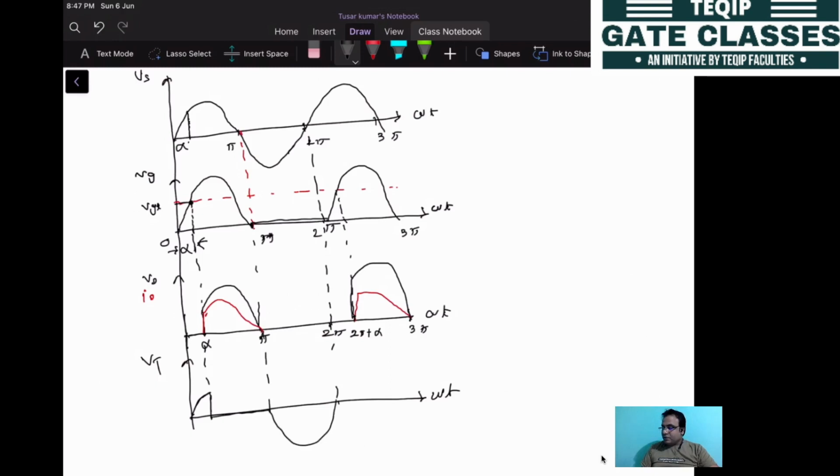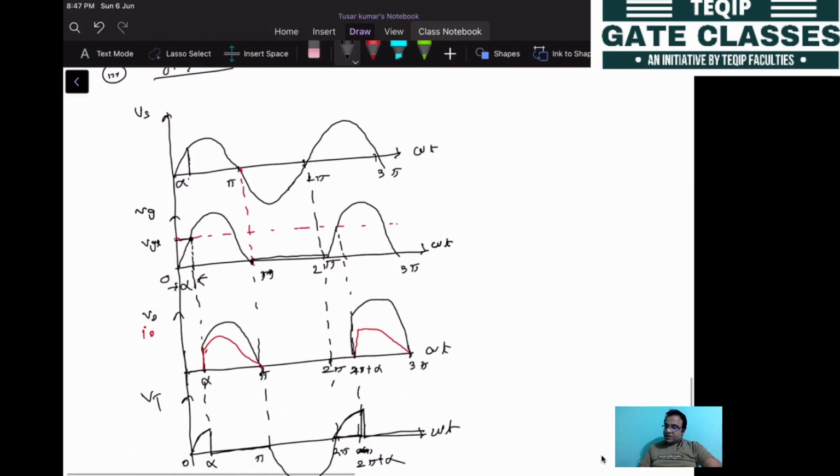Then from 2 pi to 2 pi plus alpha, again it will be continuing. Then here it will be continuing like this. So this will be the output voltage. Then after that it conducts, there is 0. So the instants are 0, this is alpha, this is pi, this is 2 pi, this is 2 pi plus alpha. So this is nothing but Vt.